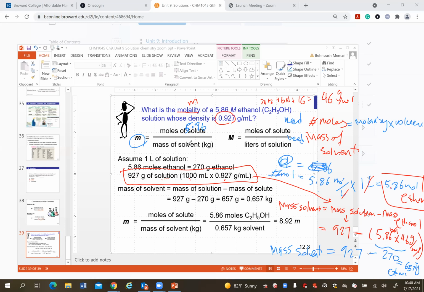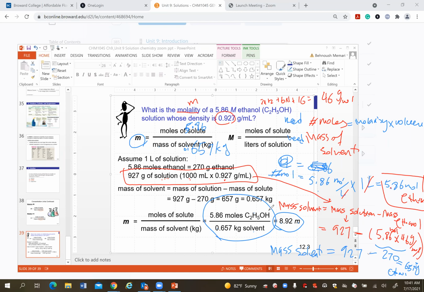We need the mass of solvent in kilograms. I found 657 grams. We have to divide by 1,000 to change to kilograms, so that would be 0.657 kilogram. So moles of the ethanol divided by kilograms of solvent gives you molality with an L.